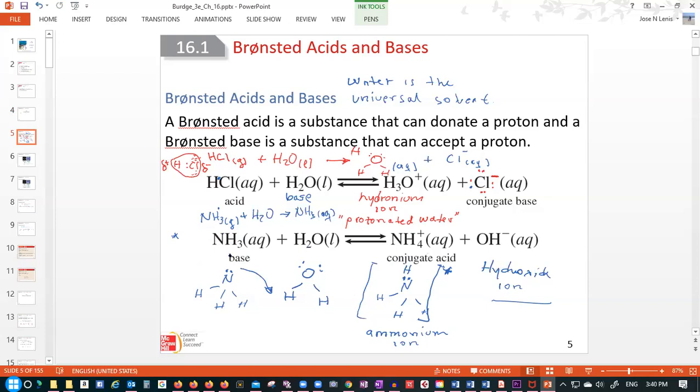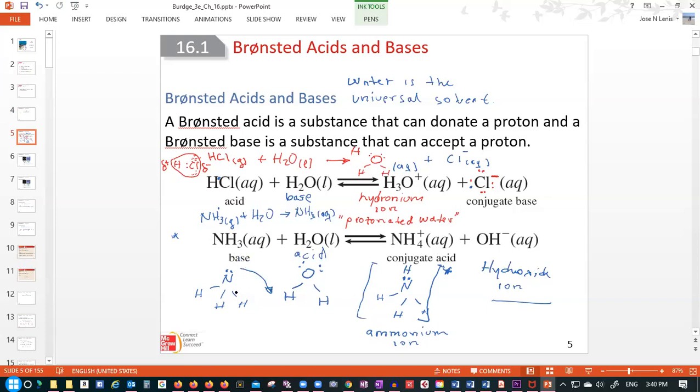Now let's analyze the acid-base conjugate pair. This is a base. If this is a base, therefore water here is working as an acid.